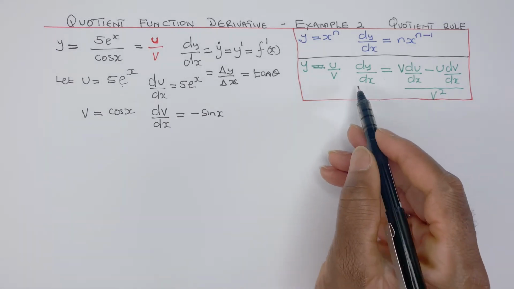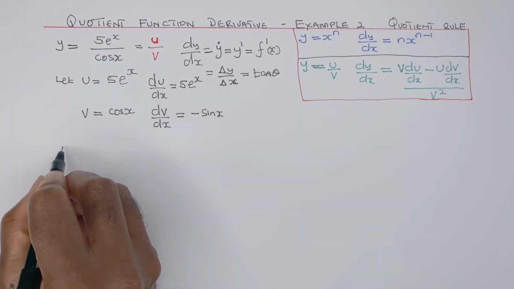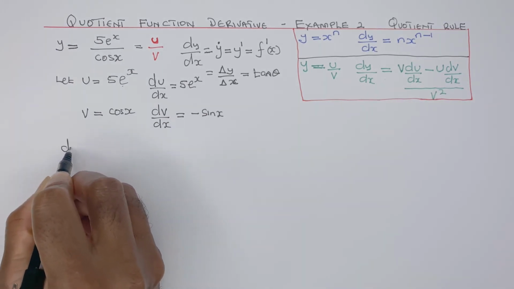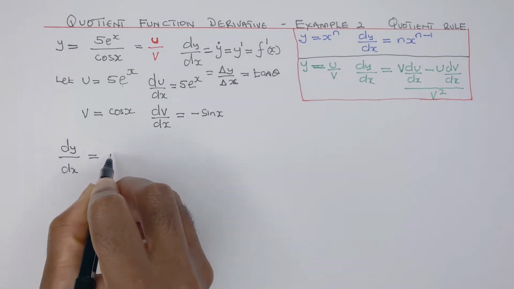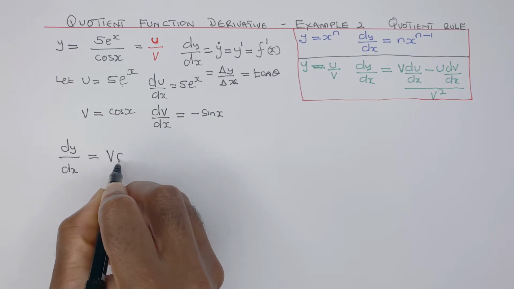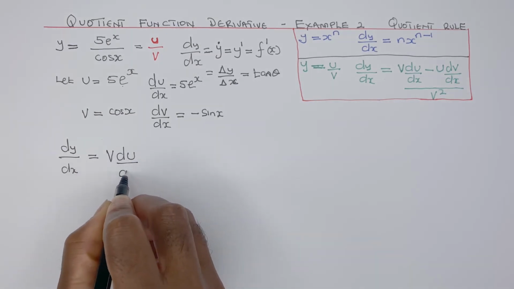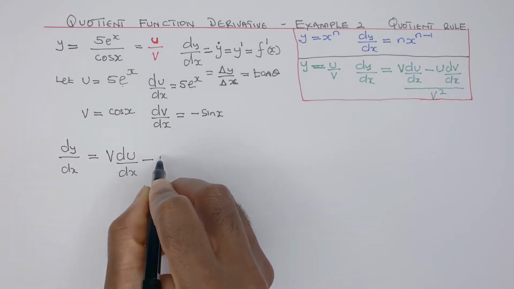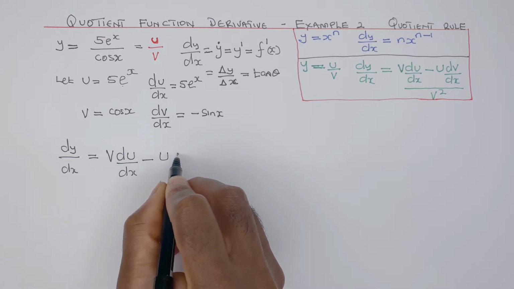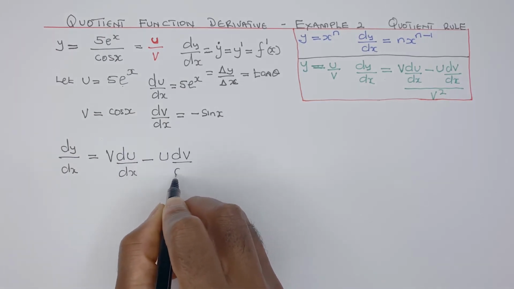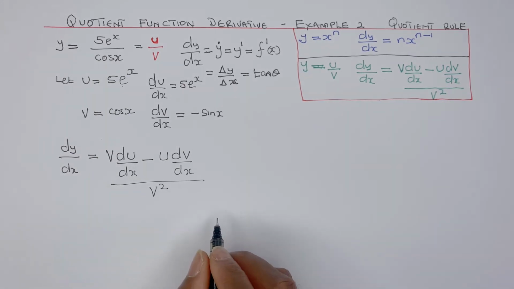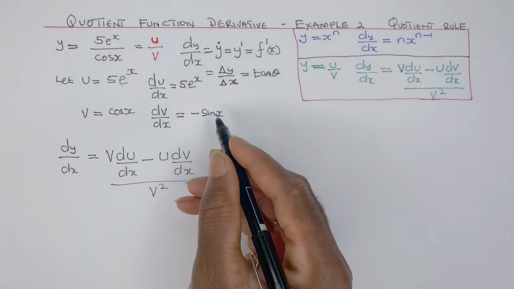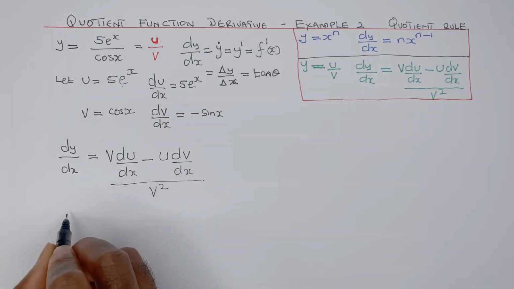Now we're going to apply this rule here. So we want dy/dx to be v du/dx minus u dv/dx over v squared. And so we can place those values into there.